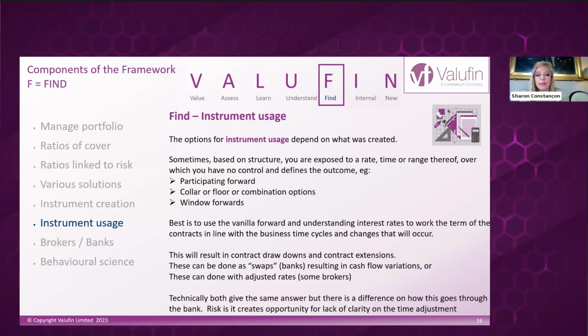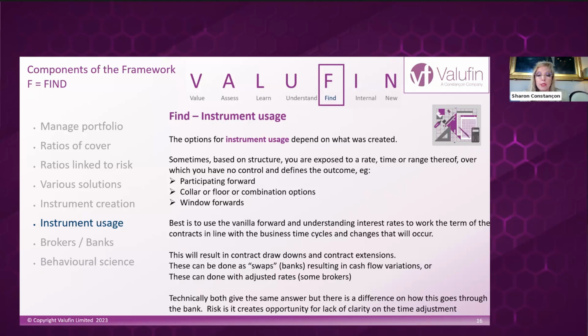So when we look at the structure of an instrument that we have taken out, we've got the rate at which the spot was at that point in time. We have an interest rate element that impacts the time element, and the interest rate impacts the overall pricing of it.